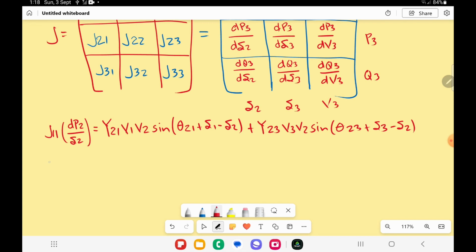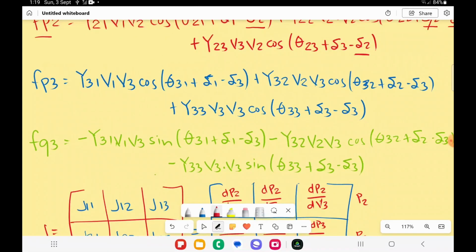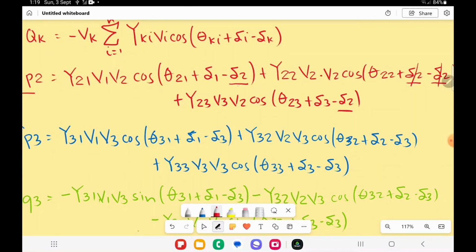So for J12, which is partial derivative of P2 in terms of delta 3, we look again for functions P2 in terms of delta 3. We don't have delta 3 in the first and second term, but we have delta 3 in the third term.